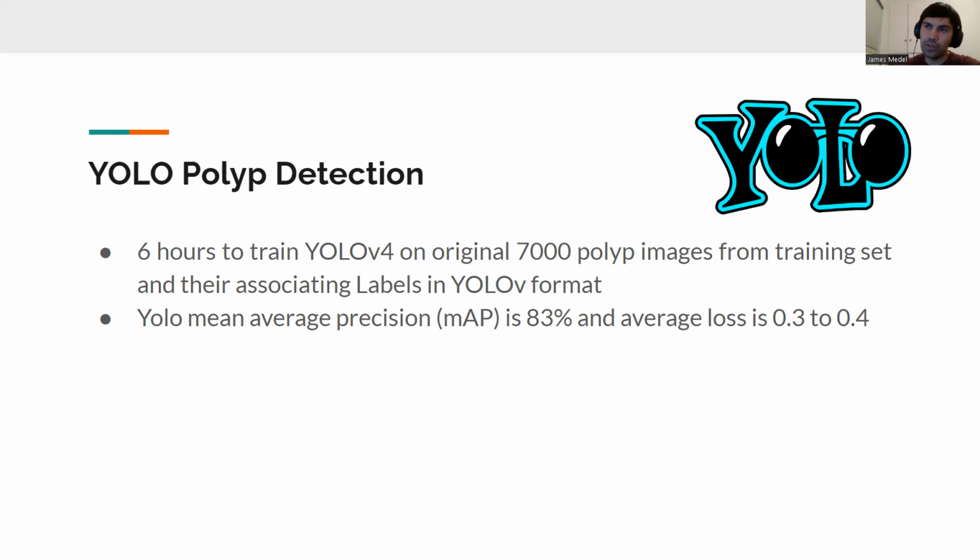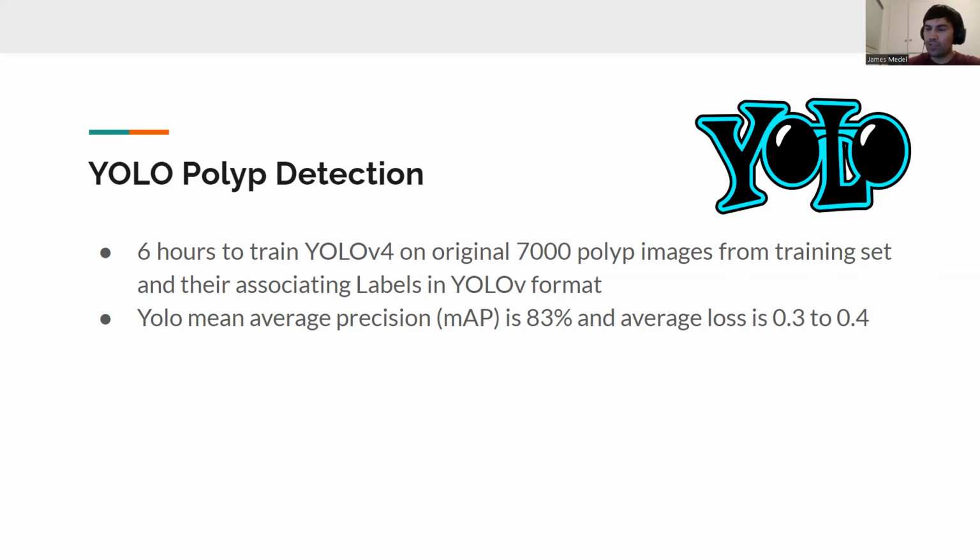So for the case of YOLO, I trained YOLO on our Polyp dataset over 6 hours on the original 7,000 images. This was not data augmented images. It was the original 7,000 training images from our training set. Again, that's 7,000 out of 28,700 plus training images.